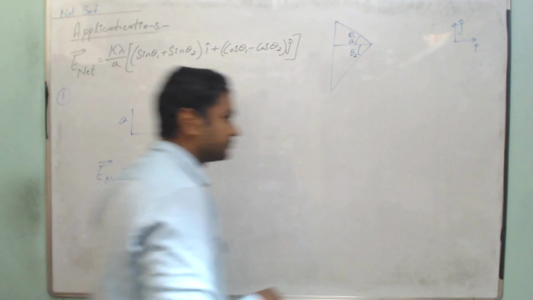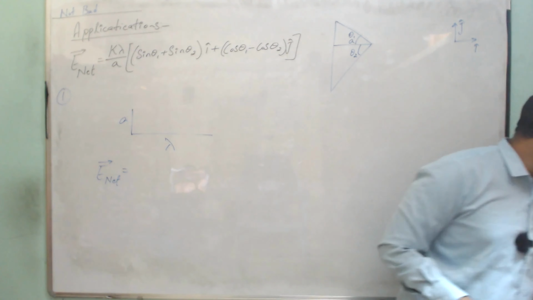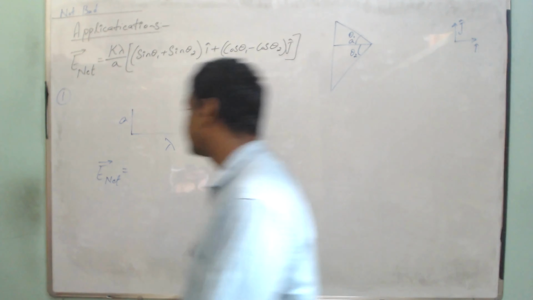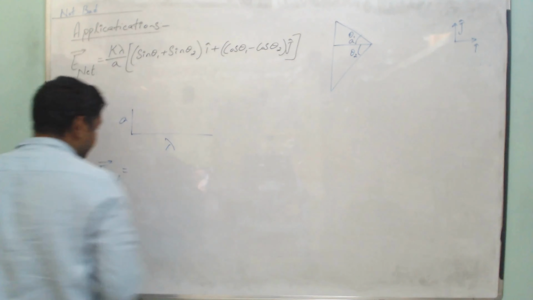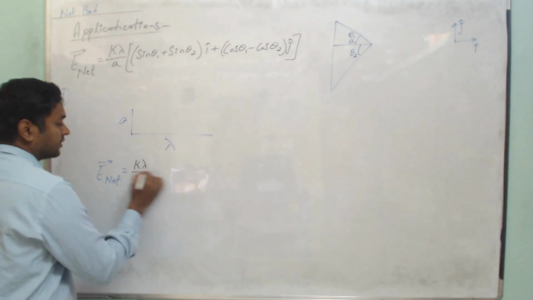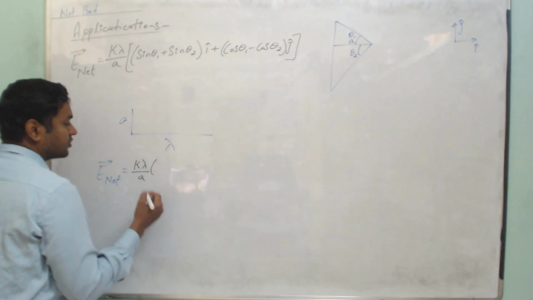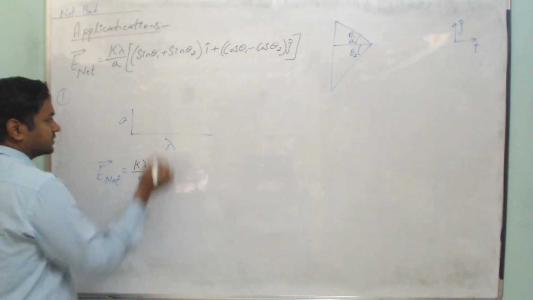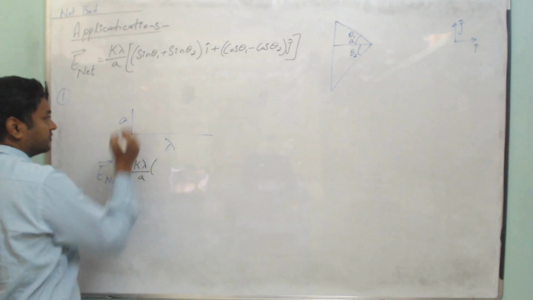It's the same thing as electric field, in terms of I cap and J cap. So here I'll have K lambda by A is same. But what is my I cap and J cap? So 2 I cap.